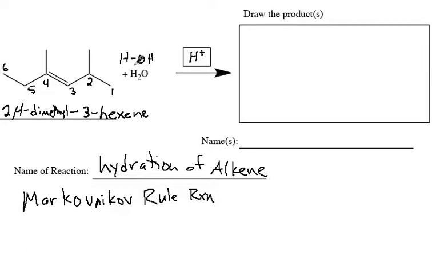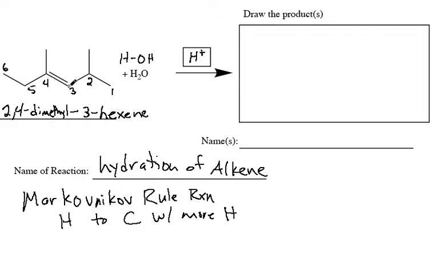And this means the H is going to go on the carbon that has more H. H to C with more H. This carbon, carbon number 4, has 1, 2, 3, 4 bonds to it. Therefore, there is no H on that carbon number 4. Carbon number 3 has 1, 2, 3, so there is an H.